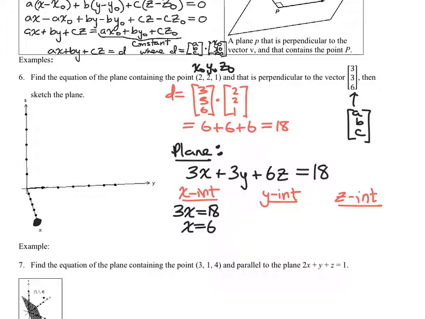The y-intercept, replace x and z with 0, and you get 3y is equal to 18, so y equals 6. And the z-intercept you get by replacing x and y with 0, and we get 6z is equal to 18, which means that z is equal to 3.